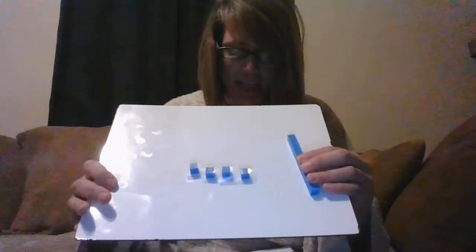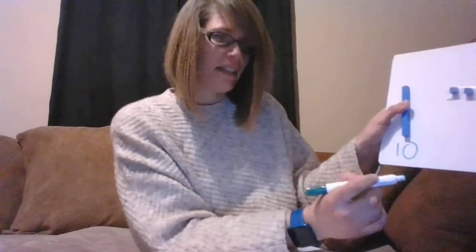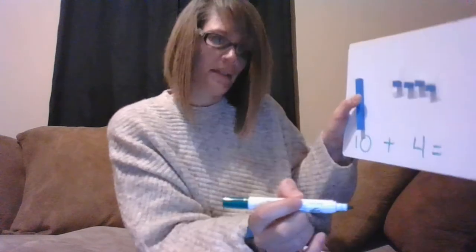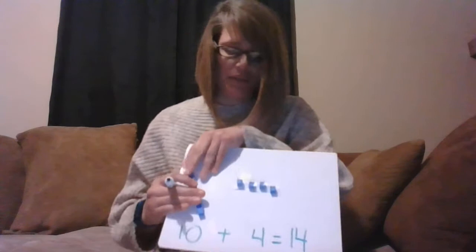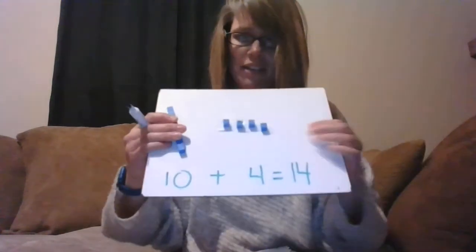If I wanted to look at that as an equation, to make my number 14, I've got a 10 plus my 4 ones, which equals my number 14. So we've got our 10 and our 4 ones, which equals 14 all together. How many tens? How many ones? And all together, we've got 14.